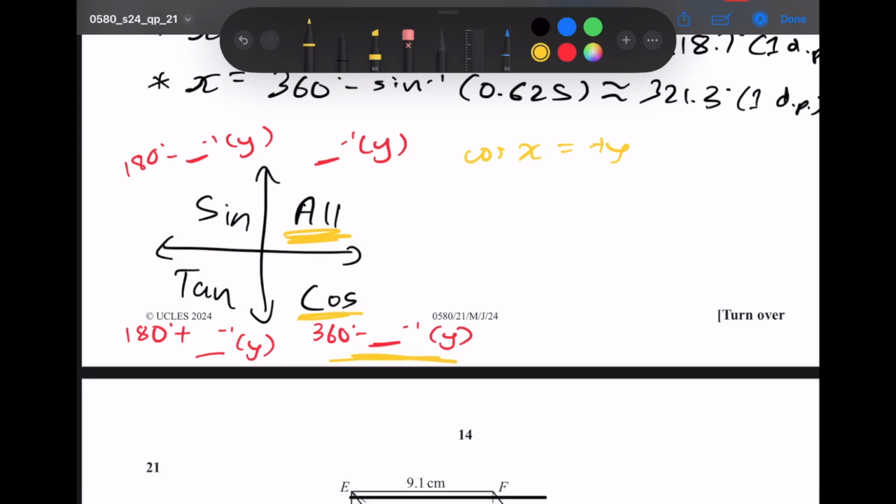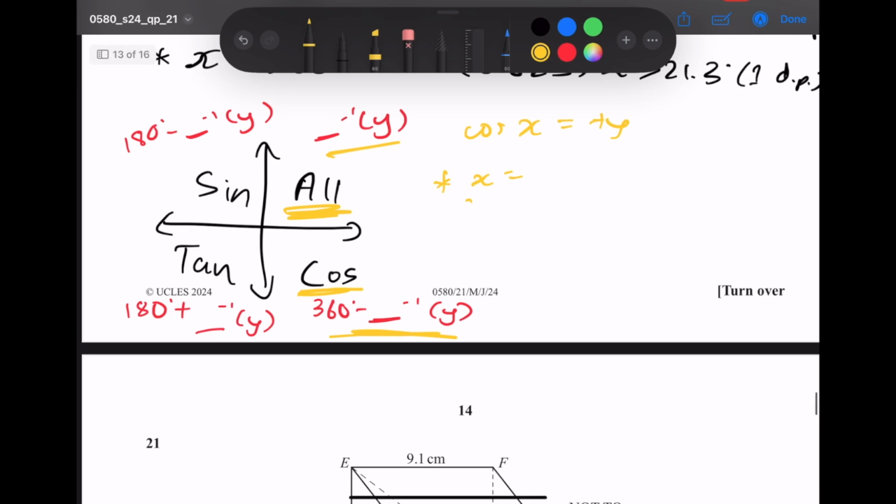So we take these two rules. So x is equal to cos⁻¹ y, and x is equal to 360 degrees minus cos⁻¹ y, since you put cos here. So all would be the region.